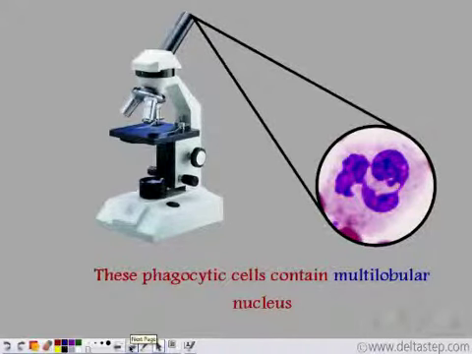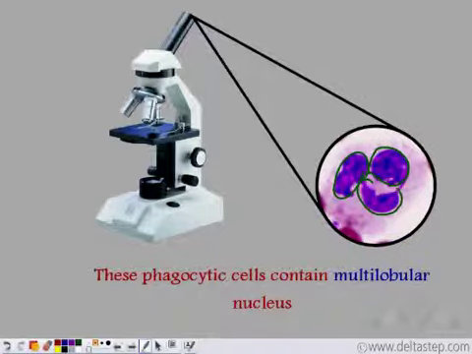So the phagocytic cells that provide protection to our body, see, they have a multilobular nucleus. They have multiple lobes in their nucleus. This is one kind of a white blood cell.